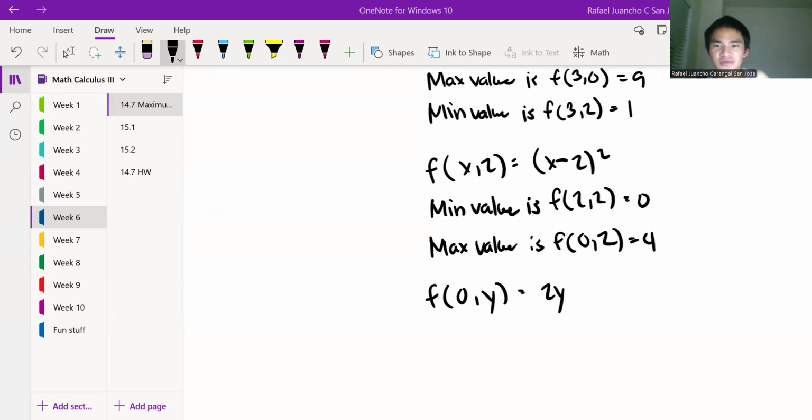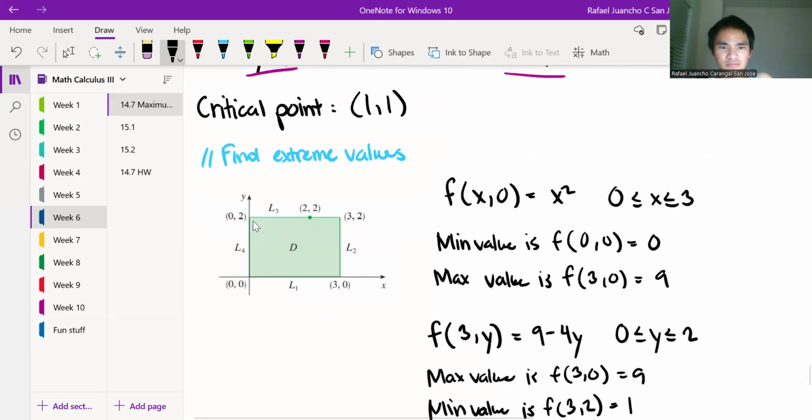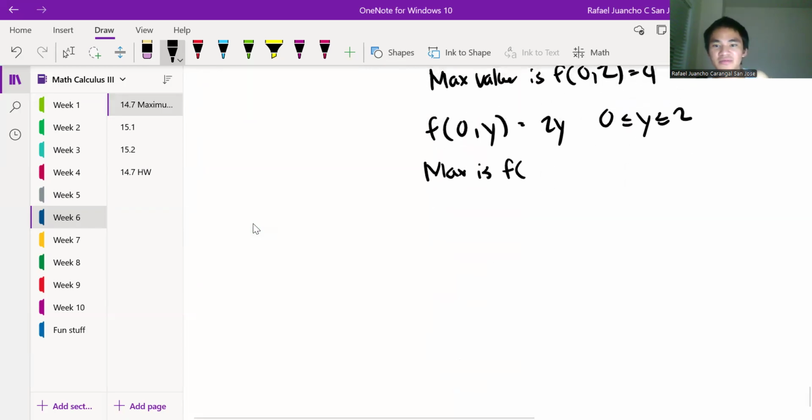So just to remember the conditions here, the maximum value is f of 0, 2, and f of 0, 0 is the min. This is 4.